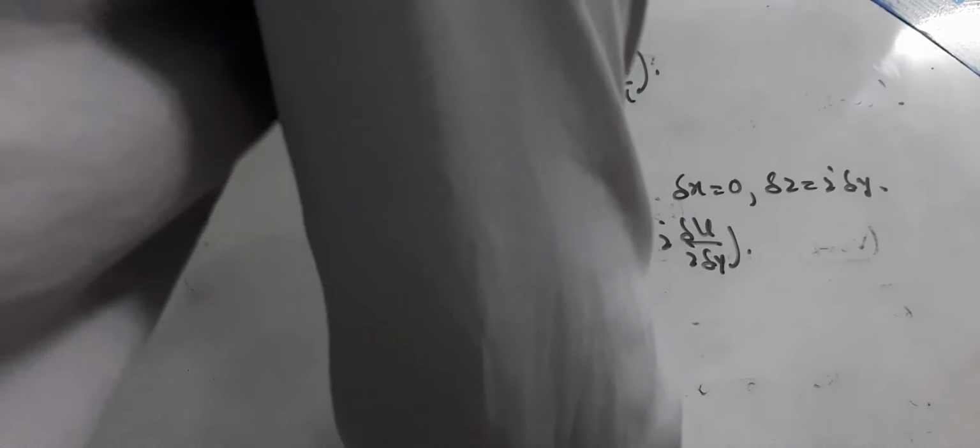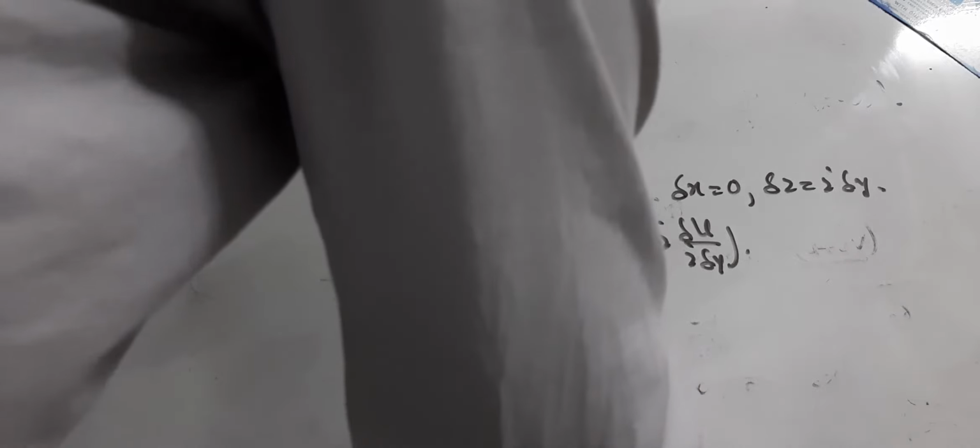So this is delta u by delta y times 1 by i, and this becomes plus delta v by delta y. So this is del v by del y minus i del u by del y.